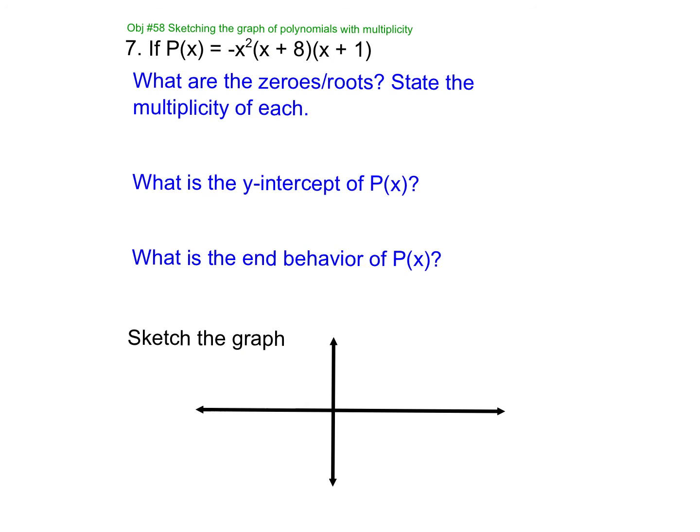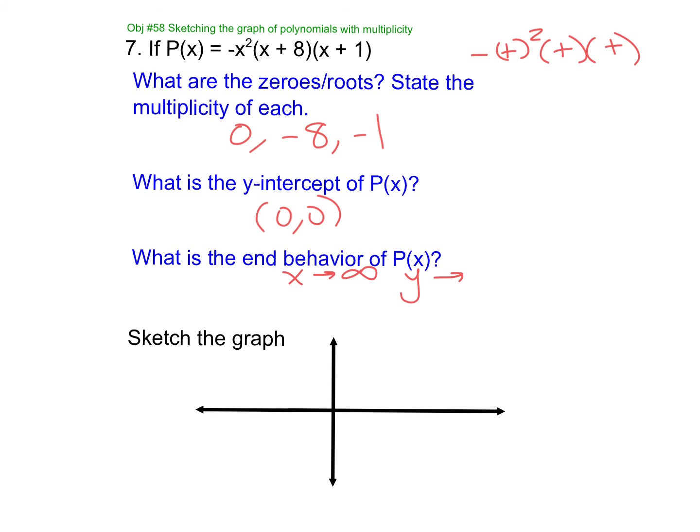Okay, so now we're going to do this the same way we did before. So start with our zeros. So 0, negative 8, and negative 1. Right? My y-intercept is 0, 0. As x goes to infinity, what happens to my y? Right? So I plug in negative, a positive squared times a positive times a positive.